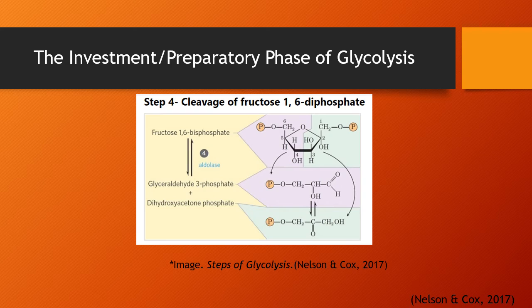The aldolase reaction that causes this will further be discussed when we get to the section about aldolase later in the presentation. So once cleaved, the resulting molecules are named glyceraldehyde 3-phosphate, which is an aldose, and dihydroxyacetone phosphate, which is a ketose.